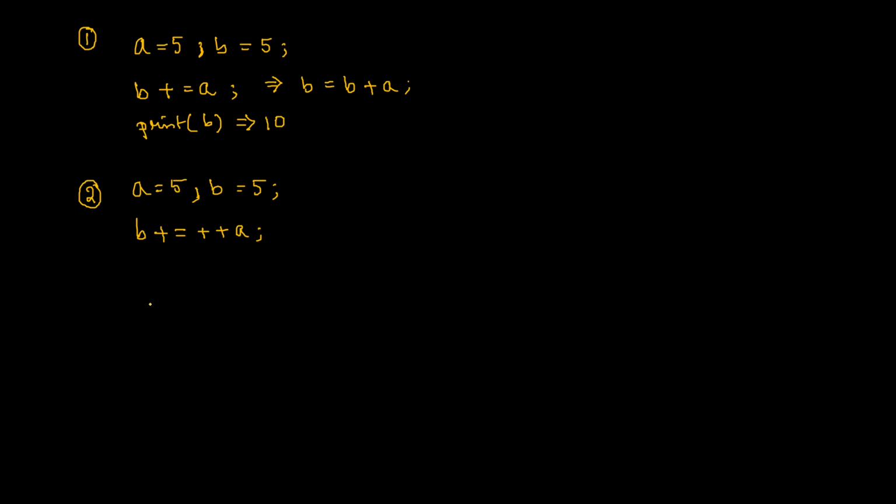So in this case, before b equal to b plus a executes, a equal to a plus 1 will execute. That means if you print the value of b, it will show 6, because a equal to a plus 1 means 6, and 6 plus 5 equals 11.